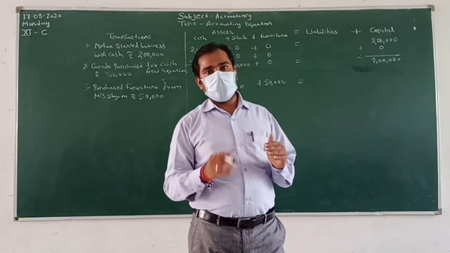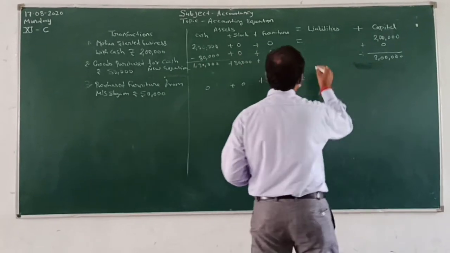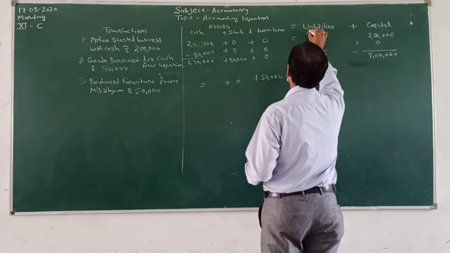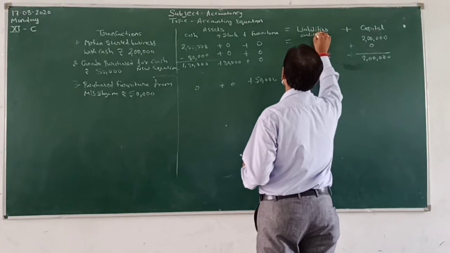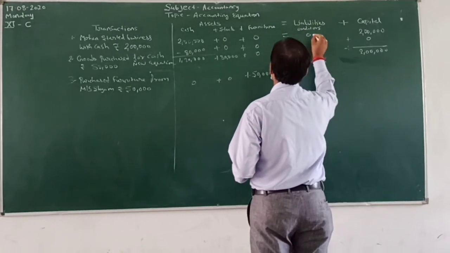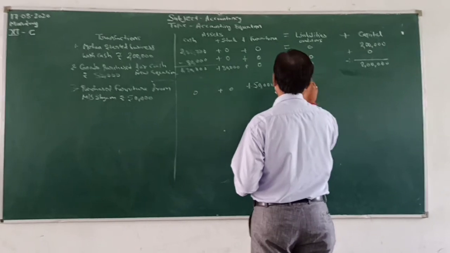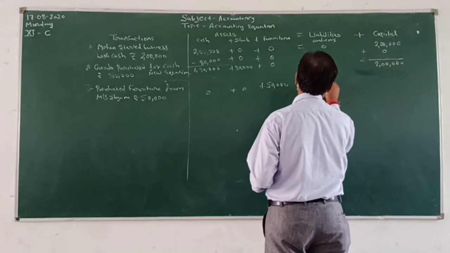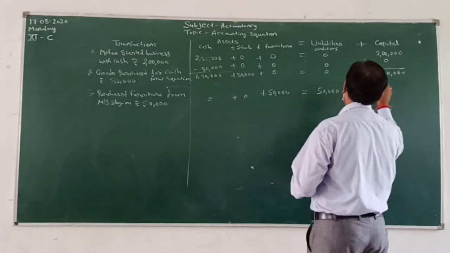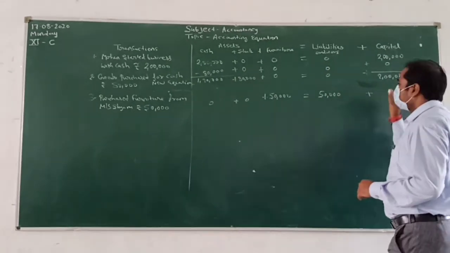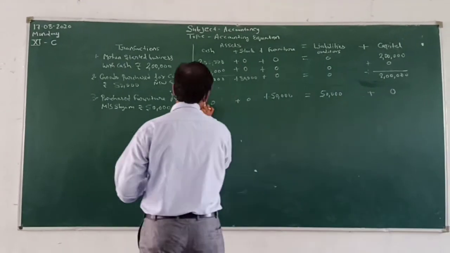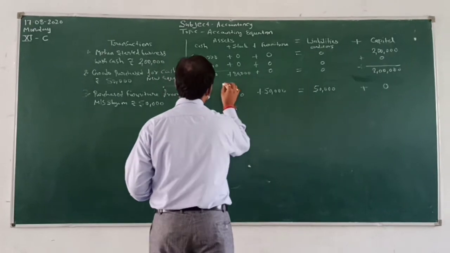It means that our liability increased, and when our liability increased, then here we write creditors 50,000, plus 0. So once again we get a new equation.